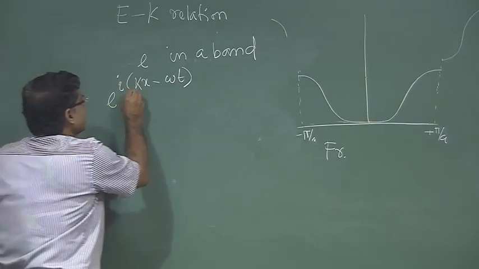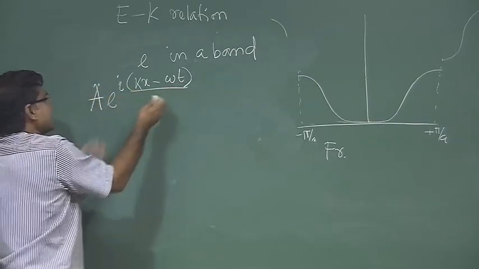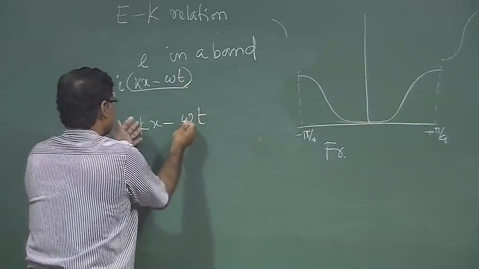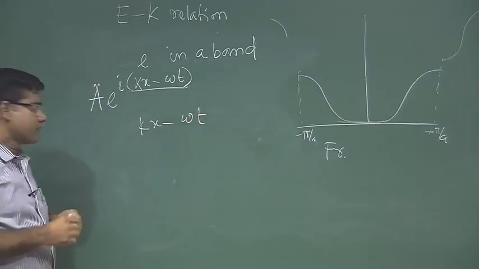So, this kx minus omega t is called the phase, and this is called the amplitude, right.